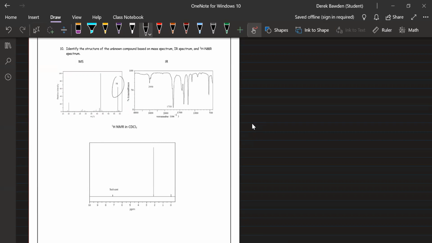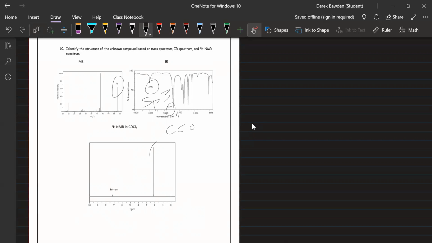What else do we see in our IR? There's a carbon double bonded to oxygen. We saw that in the chat as well. C double bond O. Okay, what else in our IR? sp3 CH. Perfect. Not a whole lot else in our IR. What about our HNMR? A singlet. Okay.